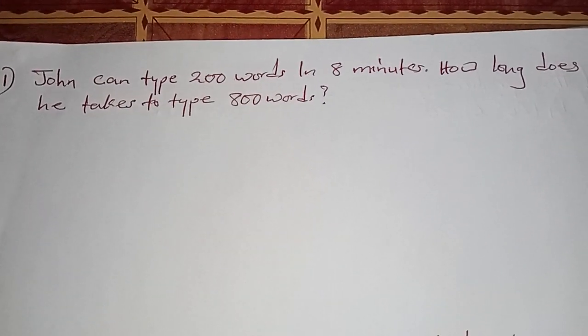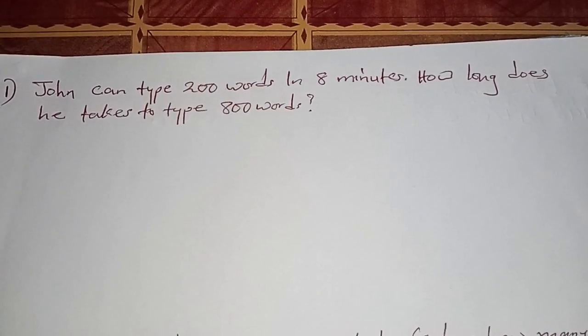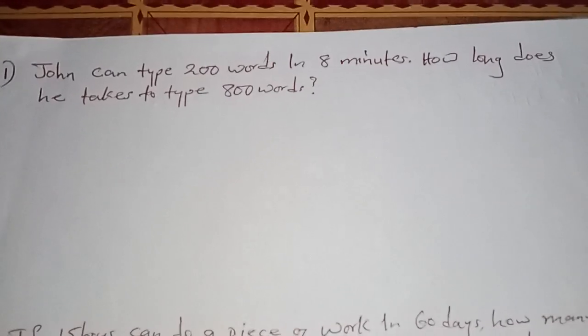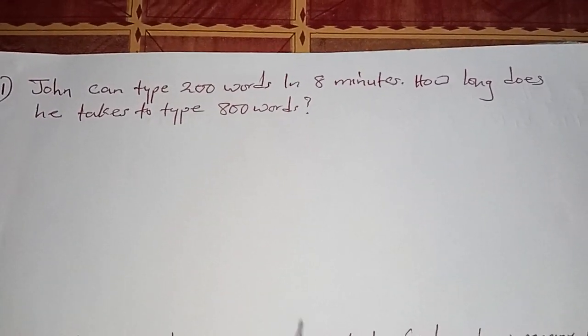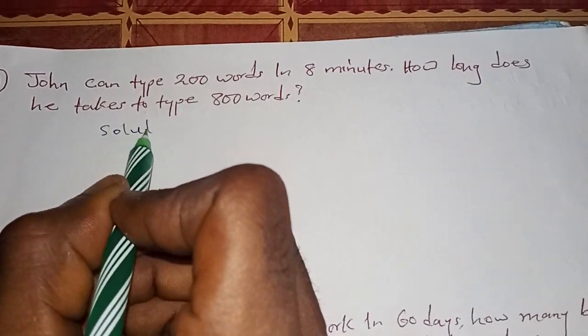Question number 1 says that John can type 200 words in 8 minutes. How long does it take to type 800 words? Now, if you look at this question, we can set up our equation and see what the solution is.